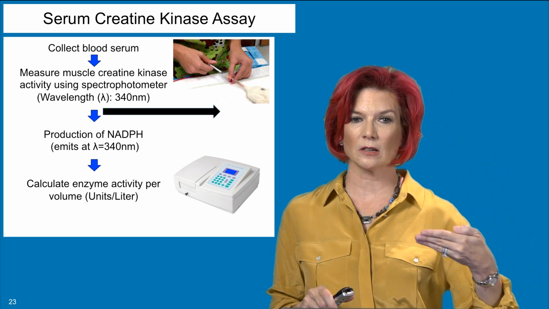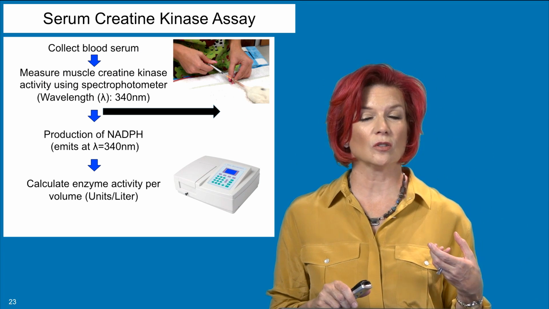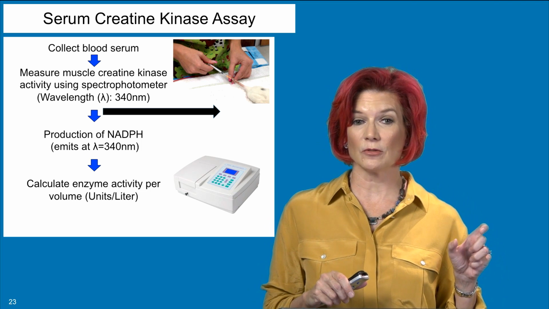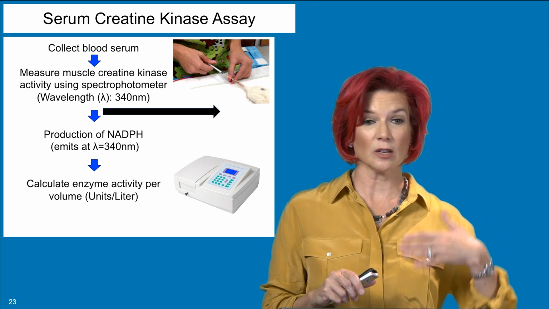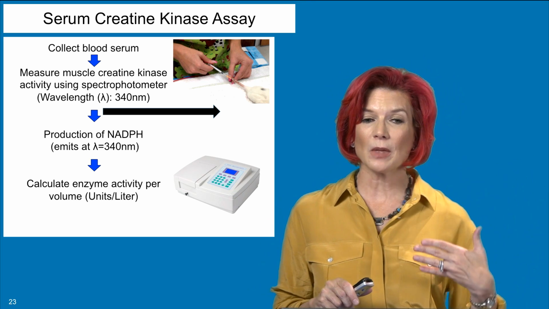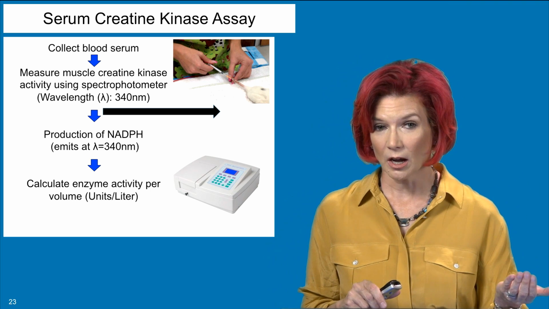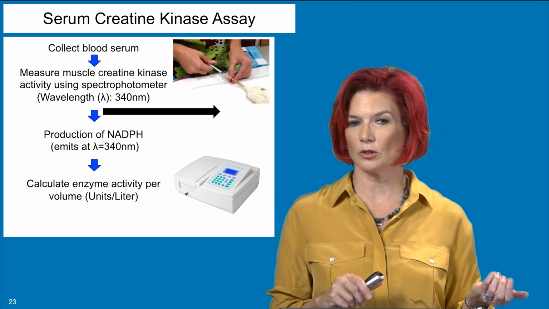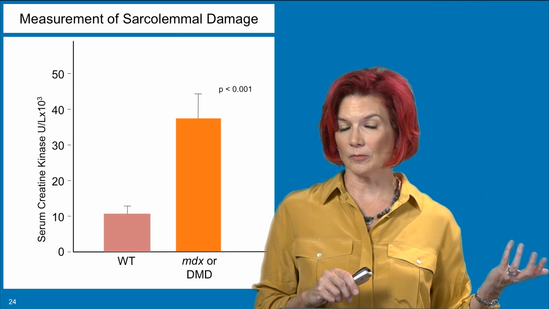So blood serum is collected, and then a coupled enzyme assay is used to evaluate the abundance of NADPH at a wavelength of 340 nanometers, which is the wavelength that NADPH emits at. And then from that, scientists can calculate the enzyme activity per volume of blood serum, and that is often expressed in units per liter. So an example of that assay is shown here.